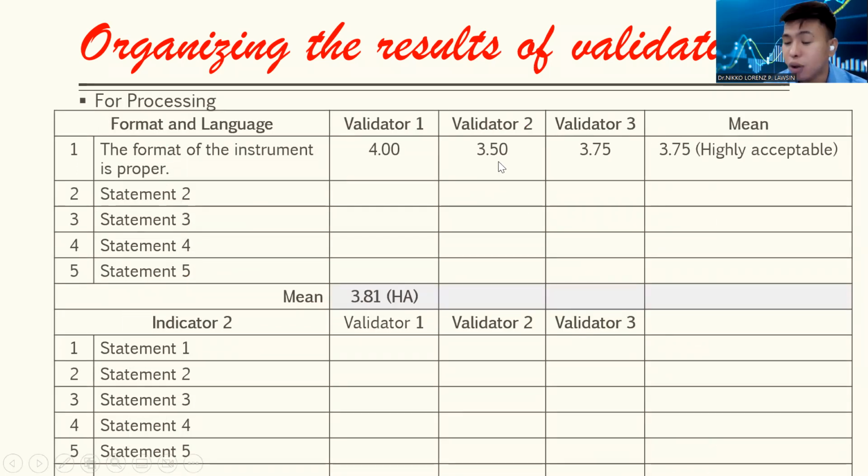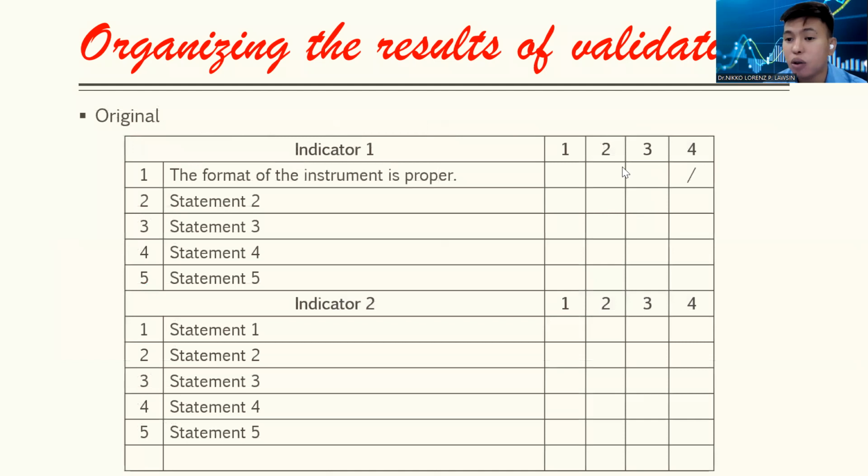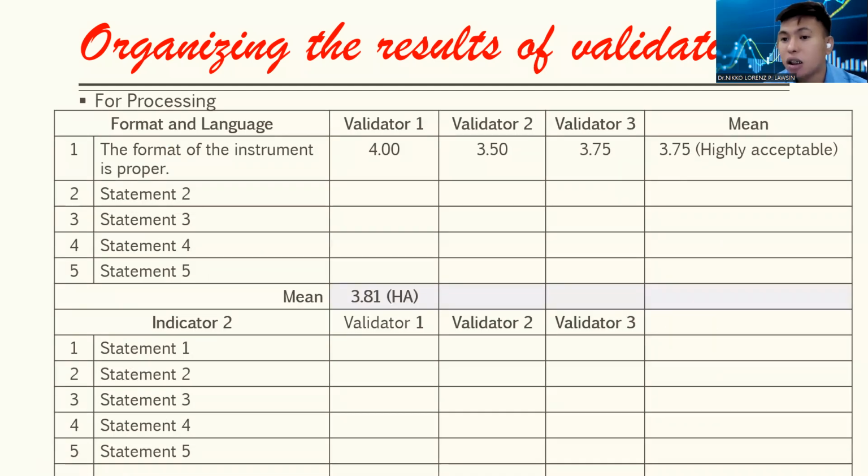So you just put 3.5, 3.75 for validator 3. You get the mean. Therefore, the format of the instrument is proper, highly acceptable. Okay? The first one is the original, and the second one is once you process their responses.